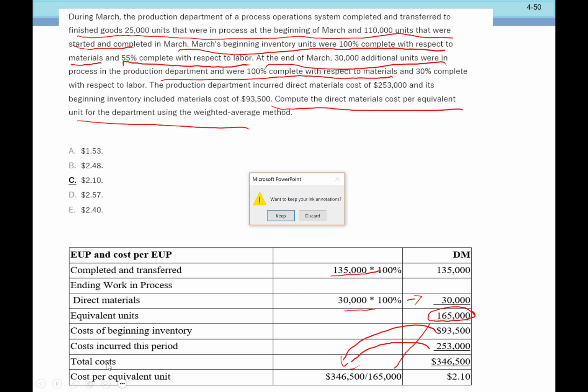Whatever the beginning balance was of December, plus the cost you added for December, minus the cost that you transferred out in December would give you the ending balance. And the ending balance of December 31st is also the beginning balance at January. Okay. So you'd probably have to start with the beginning of whatever the period was.